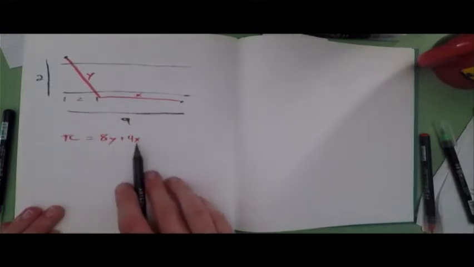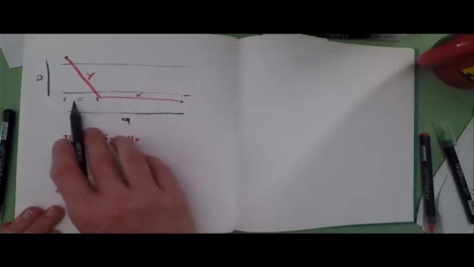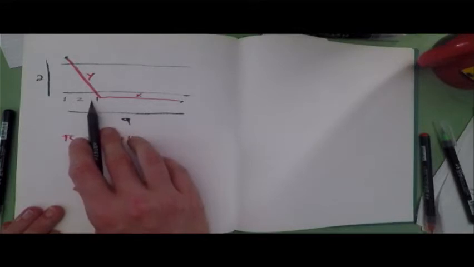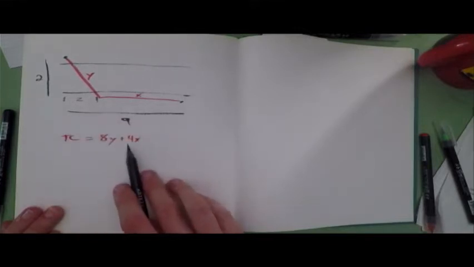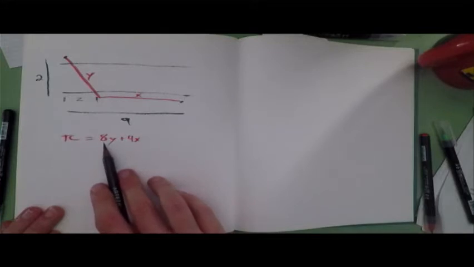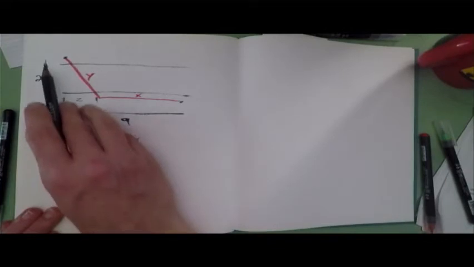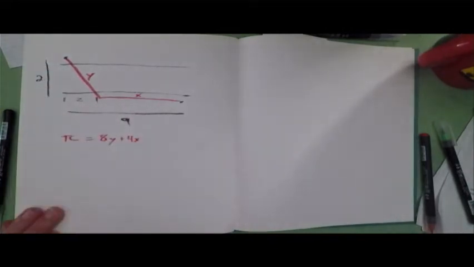But we're going to be saving $4 for that bit of pipe. So our marginal benefit of increasing the length of z is we save $4. The marginal cost is we're going to have $8 times however much longer y is than it would be if we just went straight across.